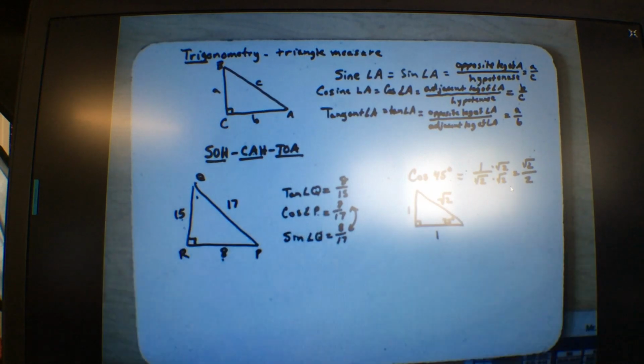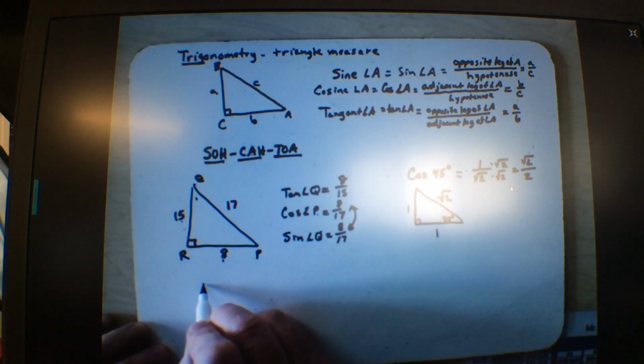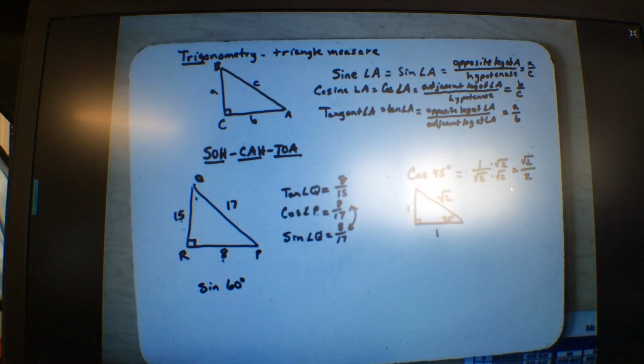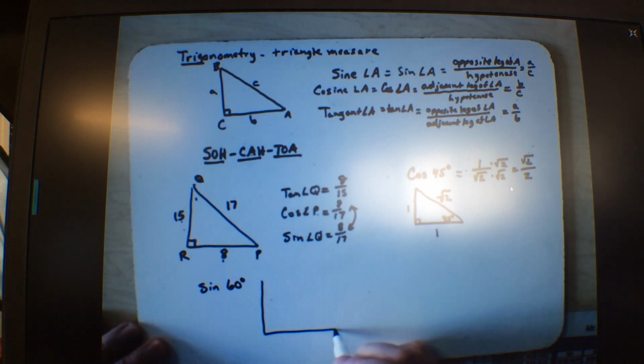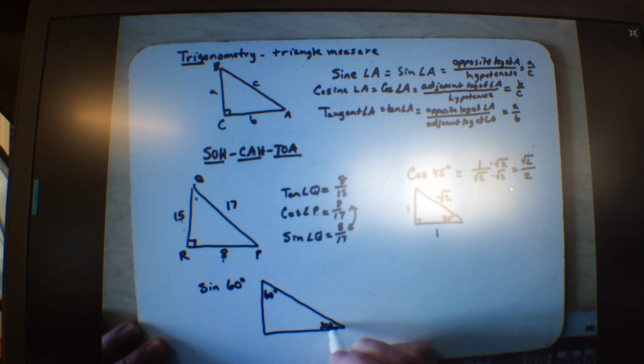All right, now what I want you to do is the sine of 60 degrees. The sine of 60 degrees. So the first thing you should do is do what? Draw a triangle. Label one of the angles 60 degrees. Then the other one has to be 30.